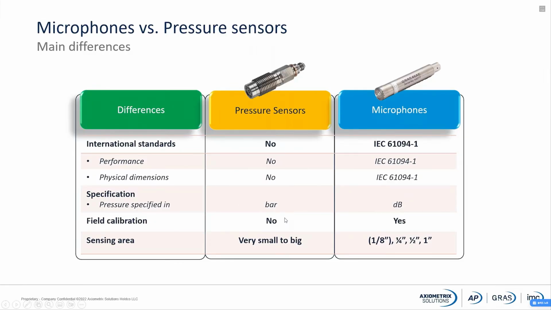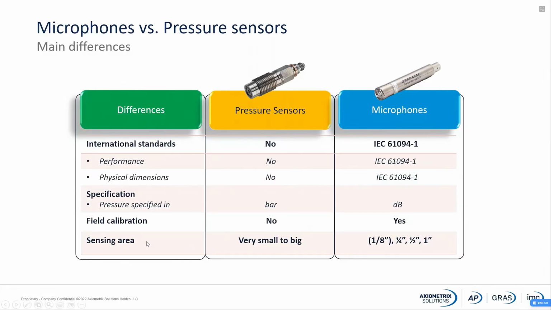Well, you can do that for pressure sensors, but it is quite difficult and you have to have special equipment. For a microphone, yes, it is very well defined how you're doing it, and it is also described in the standard. So you use a standard calibrator, you put it on, and then you can do a calibration before the test and after the test, just to ensure that the sensor in itself is working correctly.